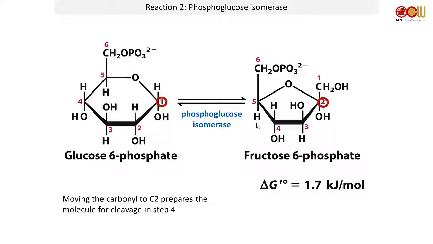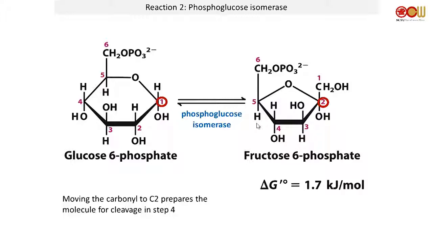Second reaction is called phosphoglucose isomerase. The name comes from glucose 6-phosphate, which now has a phosphate on glucose, so it's called phosphoglucose, and then isomerase does isomerization. It turns glucose 6-phosphate into fructose 6-phosphate.